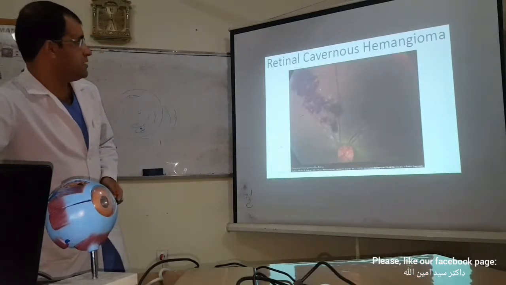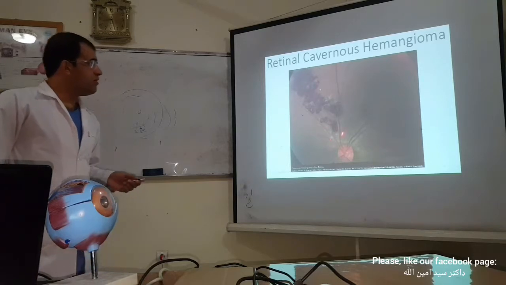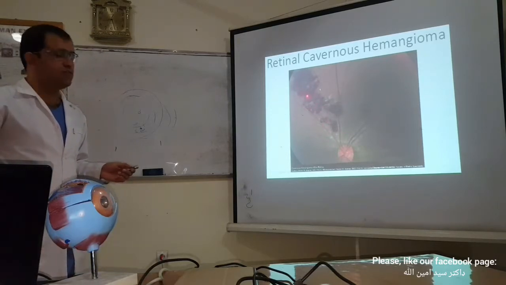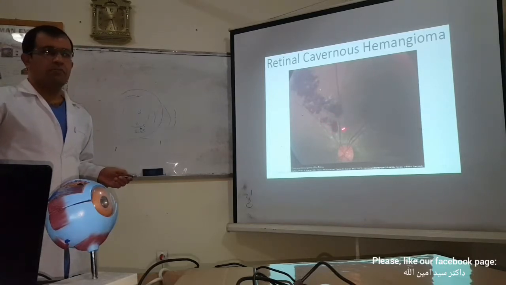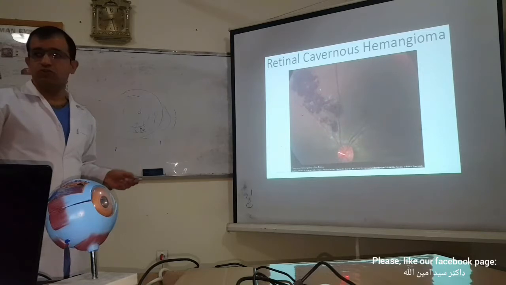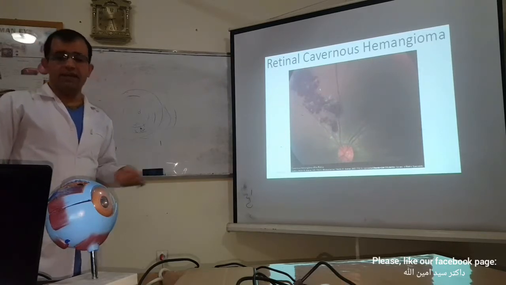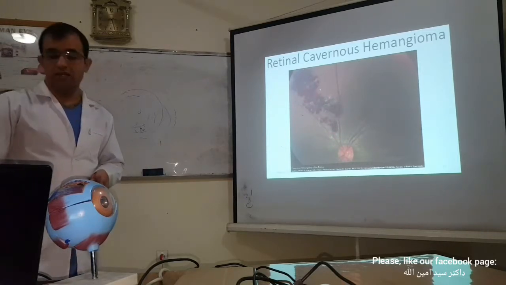The next, retinal cavernous hemangioma, like this. We talked about the orbital cavernous hemangiomas, but sometimes it's also present in the retina, and again they are going to be colored with red.